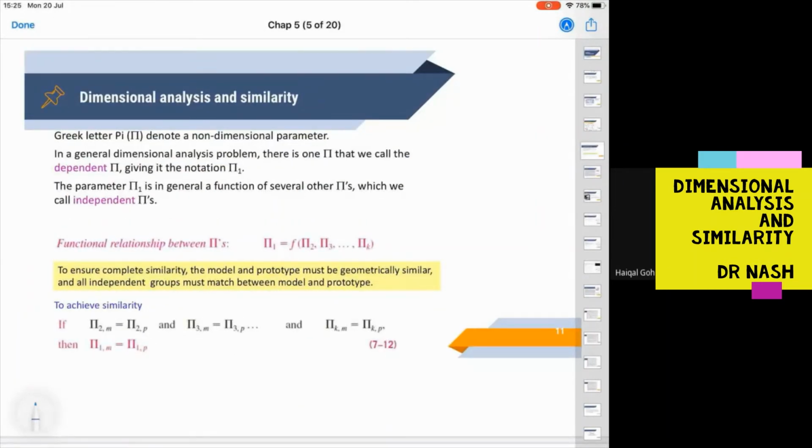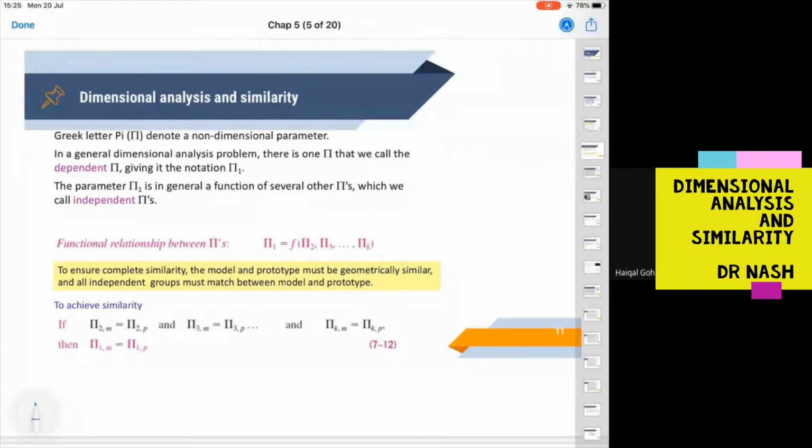So enough with the objectives and the brief examples of why we need dimensional analysis. How do we do the dimensional analysis? There are many different ways to come up with it, but the most popular and common methodology is the Buckingham Pi theorem.